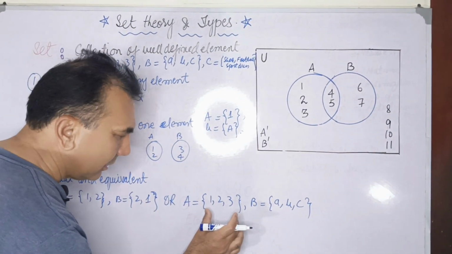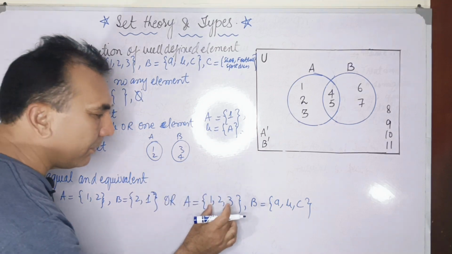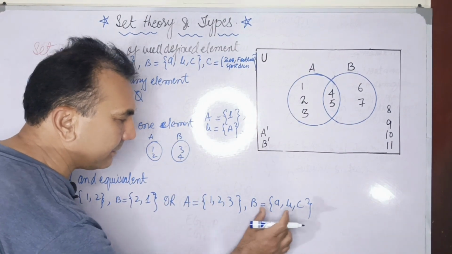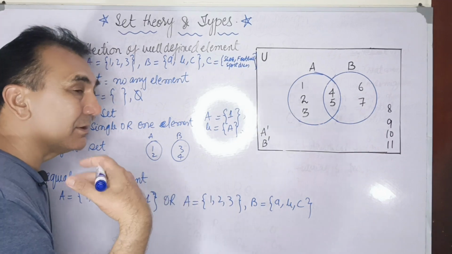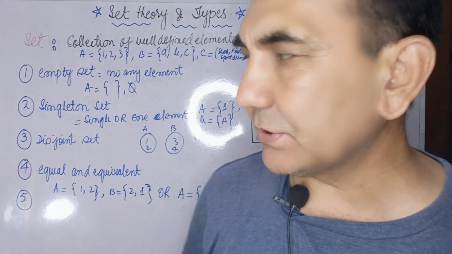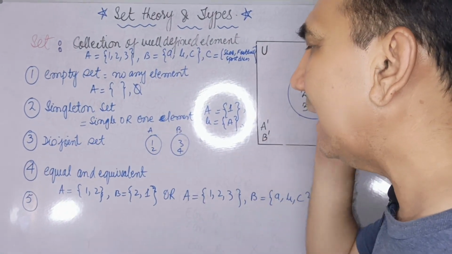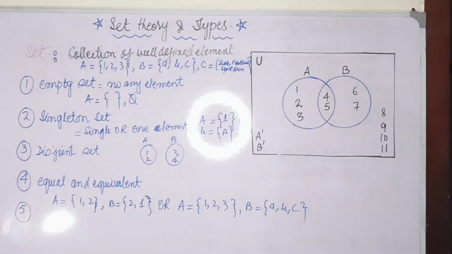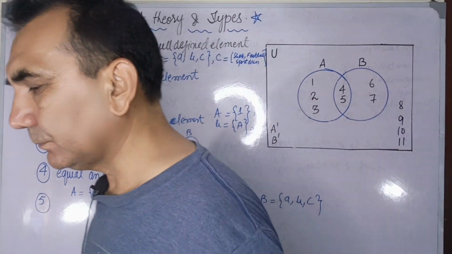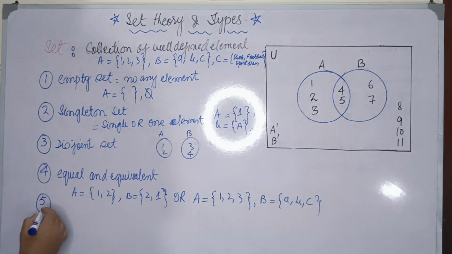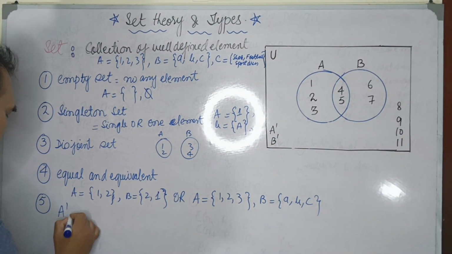But in equivalent sets, the number of elements in set A and set B is equal, but the elements are different. So this is the difference between equal and equivalent sets.